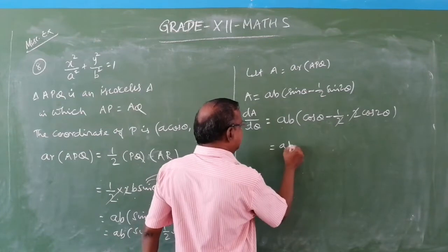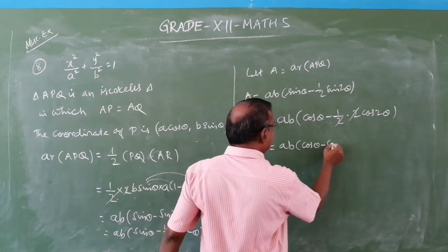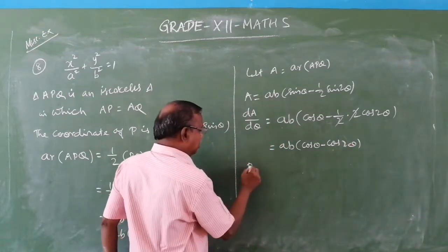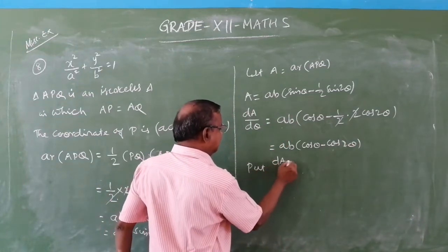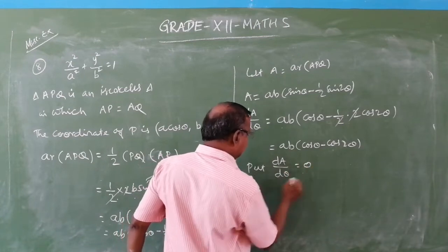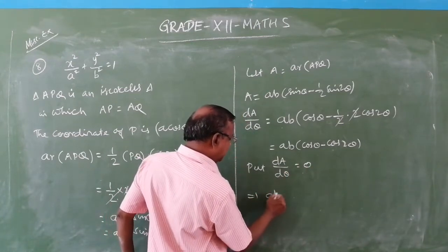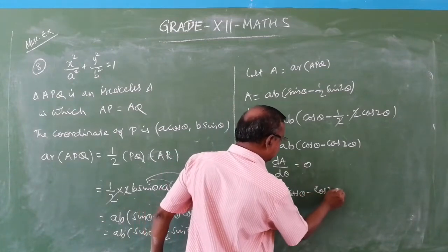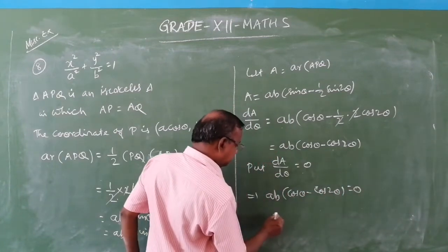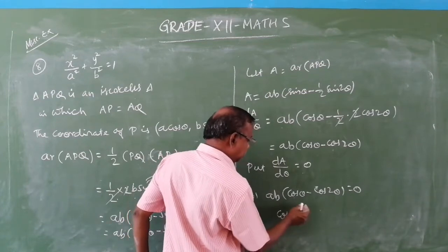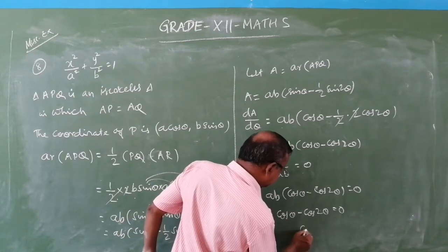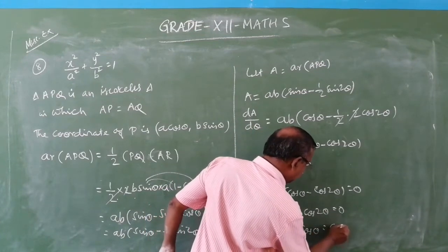So AB into cos theta minus cos 2 theta, and we put dA by d theta equal to 0, so cos theta minus cos 2 theta equal to 0, or cos theta equal to cos 2 theta.